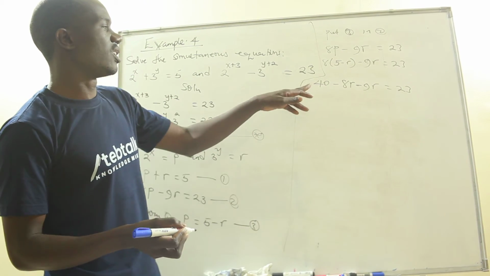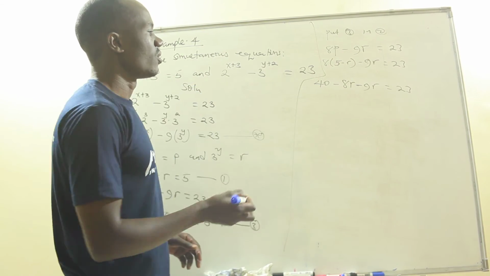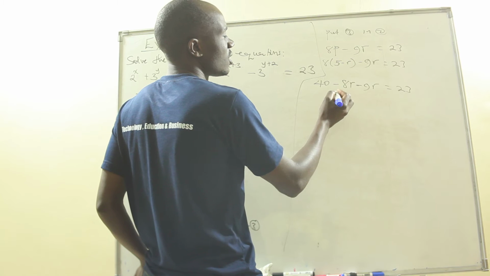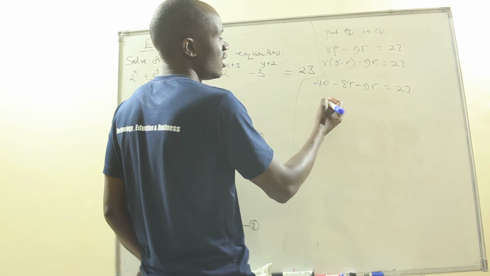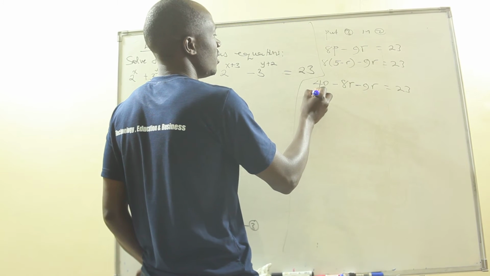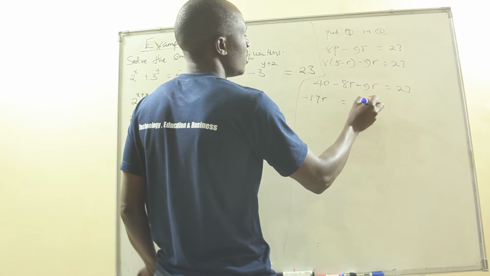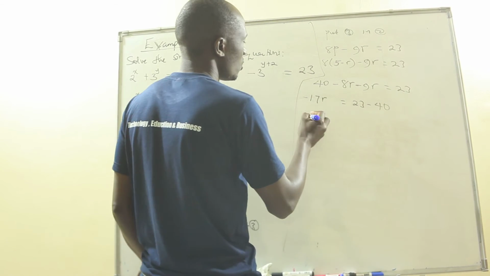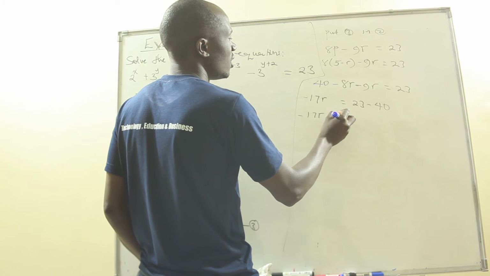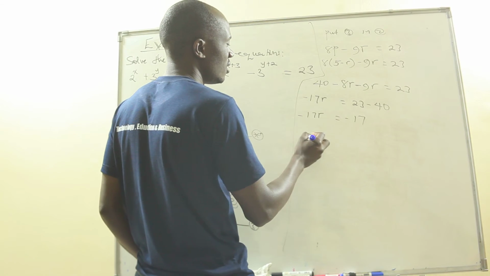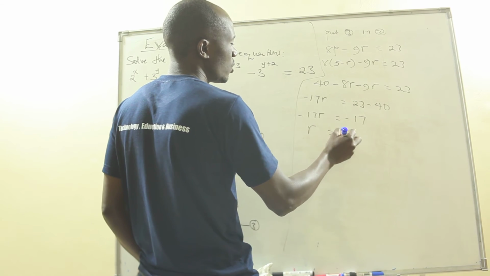So we take the 40 to the other side. We remain with the r terms: 8 minus 9, we get minus 17r equals 23 minus 40. So negative 17r equals negative 17. What is r? r equals 1.